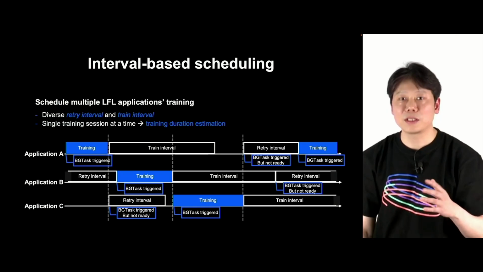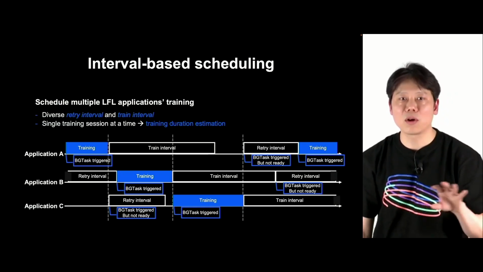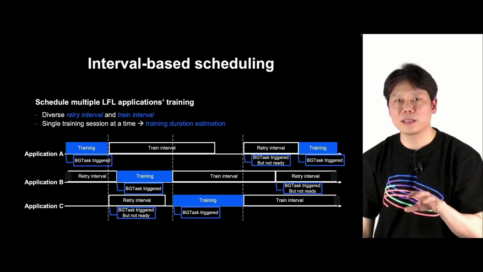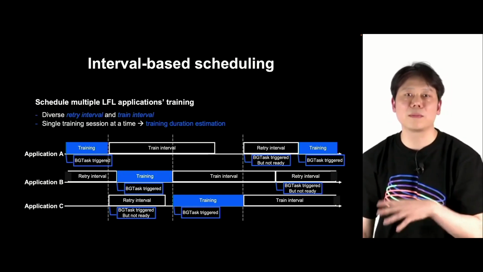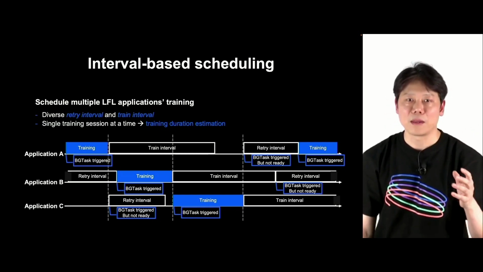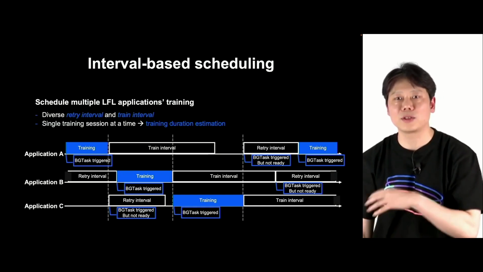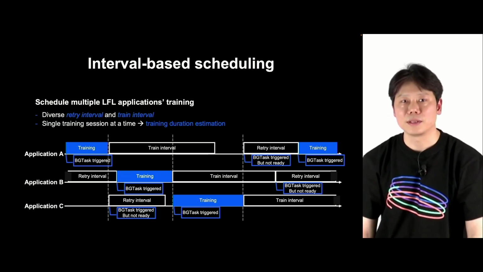And also when we consider the load of the on-device training, model learning should be performed one at a time. So to schedule the different applications' learning, the training duration has to be predicted and forecasted. The multiple applications' learning should not be overlapping.